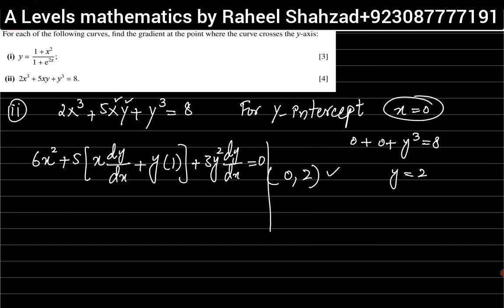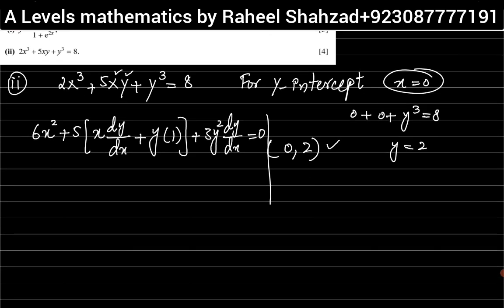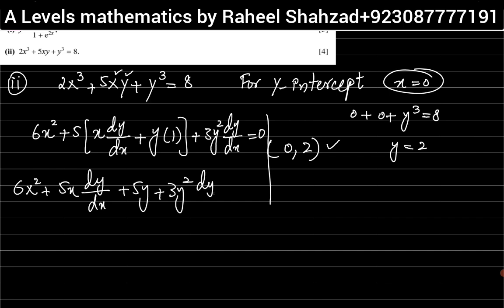Okay, and now we need to rearrange this equation to find dy by dx. So for that, 6x square plus 5x dy by dx plus 5y plus 3y square dy by dx is equal to 0.